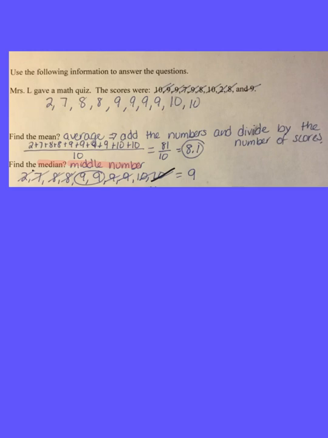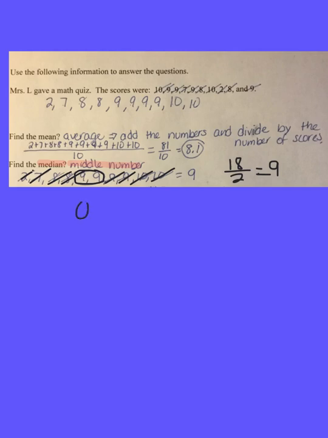So what I do is I put them in order from the smallest to largest, and then I start eliminating the numbers from the end, and I work my way in until I find the two middle numbers. In an even data set, I would add my two middle numbers together, which is 18, and divide by 2, which gives me 9.